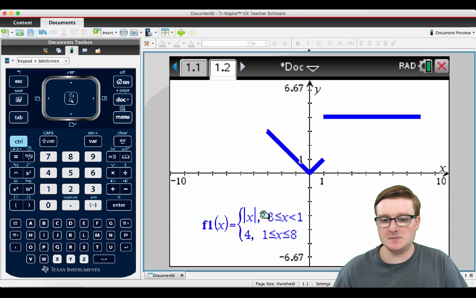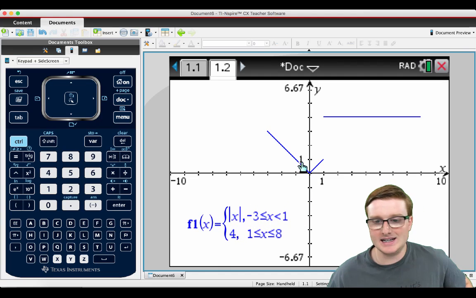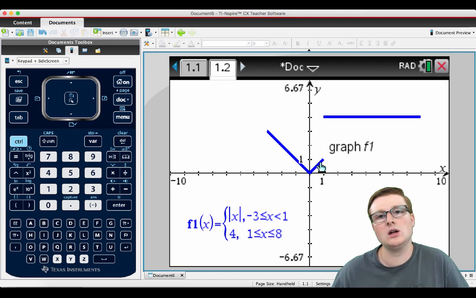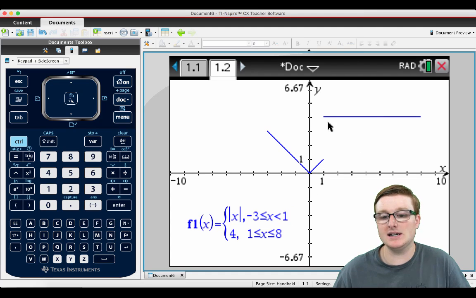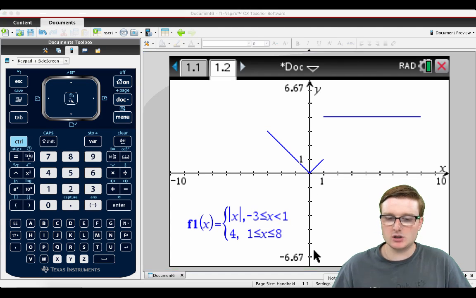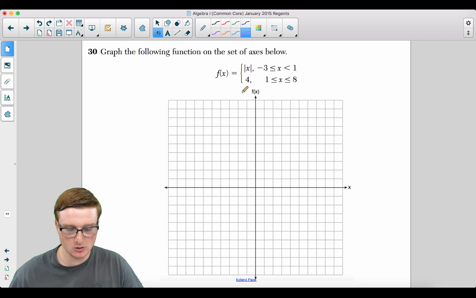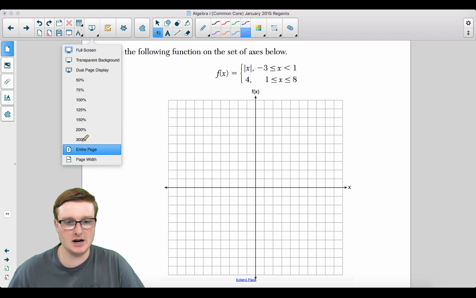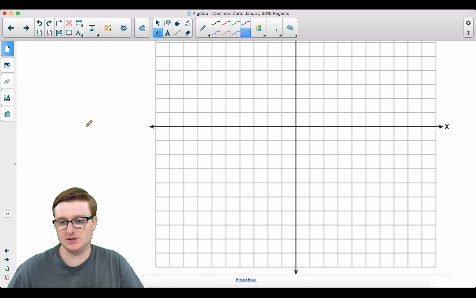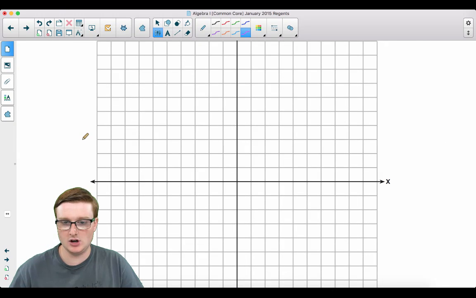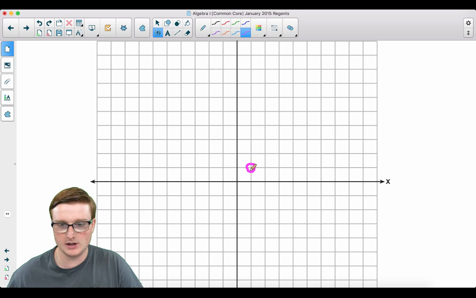Okay, and we get this piecewise function. Now remember that there is a dot or a hole right here because 1 is not included, but it is included up here. So we're going to go back to our graph, and I'm going to graph this very slowly. Let me zoom in 200%. There we go. So I'm going to draw a little circle here, and this is my piecewise function.